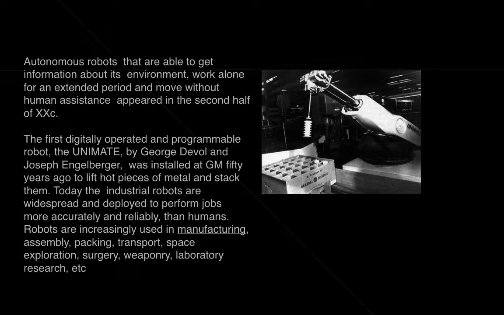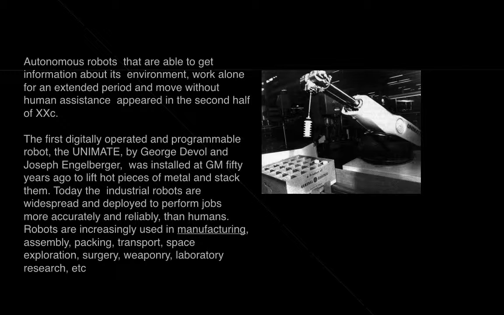Today, of course, industrial robots are widespread and deployed in many industrial work much more accurately and reliably than humans. The best example of it is the car industry, where contemporary cars are far more reliable, durable, and efficient in terms of material and design, primarily because of the deployment of numerically controlled machines at many stages of production.